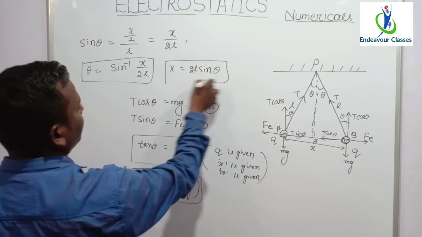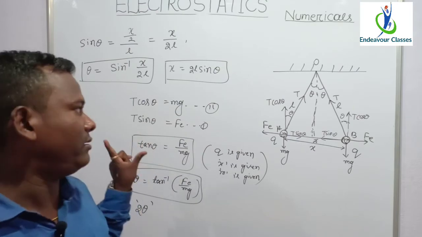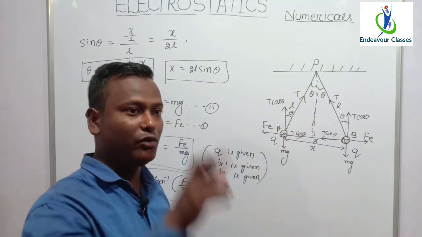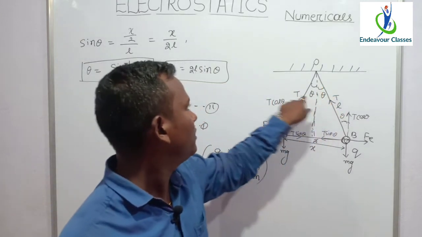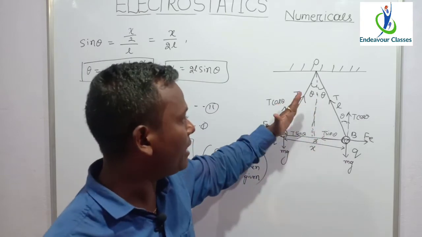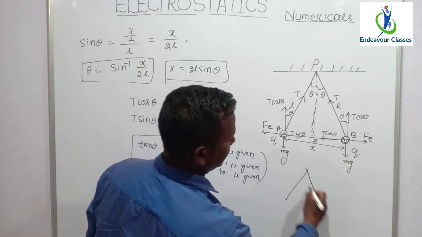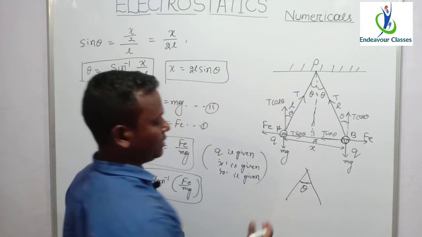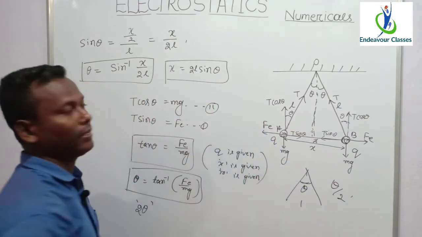Reversely, if the angle between the strings is given, remember you have to divide it by 2. Here theta is not the angle between the strings, it is the angle made by the string with the vertical. So if the entire angle is given in numericals, you put theta by 2 here.